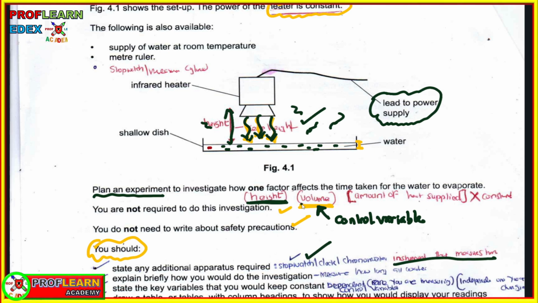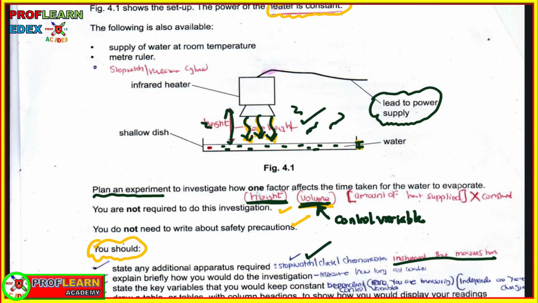Another factor is the volume of water here. If you have a small volume of water, it will evaporate quickly. Also, we can talk about other factors like draught, wind blowing here, which can affect the rate of evaporation. Even the surface area, how large the surface area of the dish is, can also affect it.